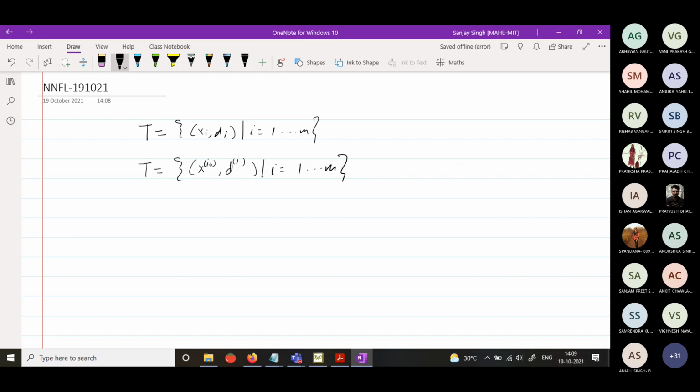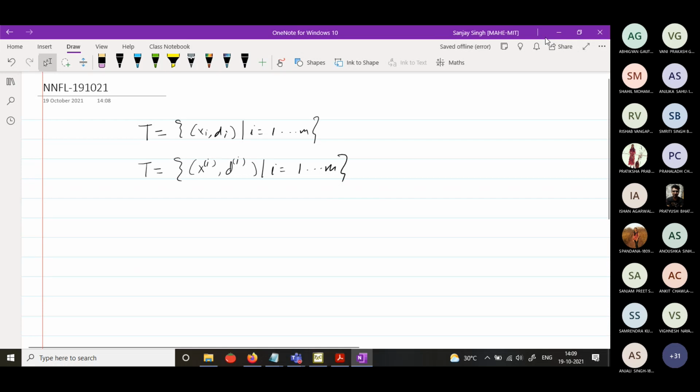This is not a power as such. It's saying it's the ith training example and ith desired value. So don't get confused with this power; it has nothing to do with the square, etc. Some books use this kind of notation, so it may vary. The context should be clear to you, in what context you are using it.